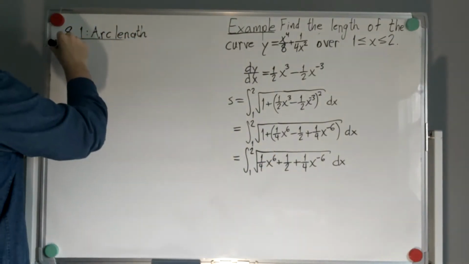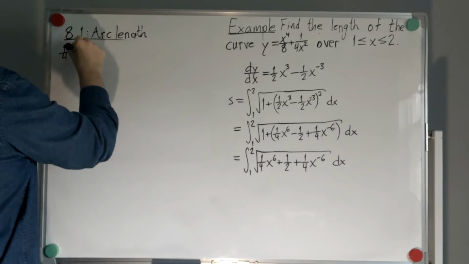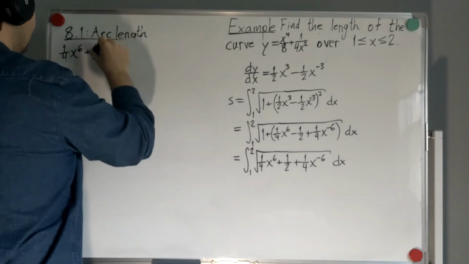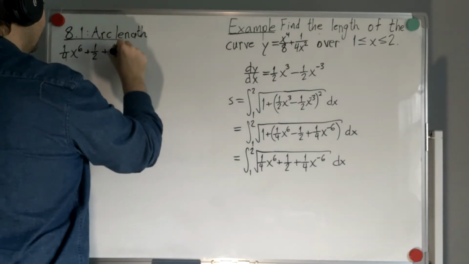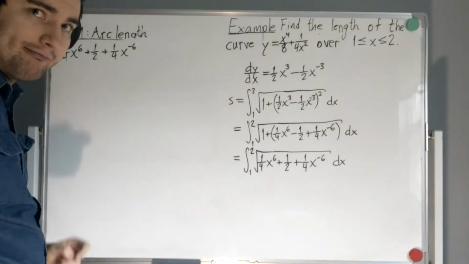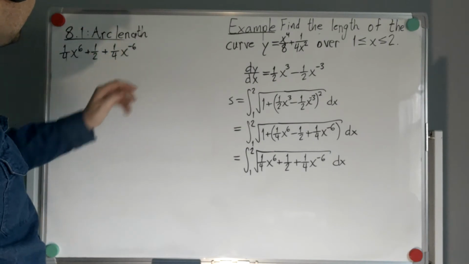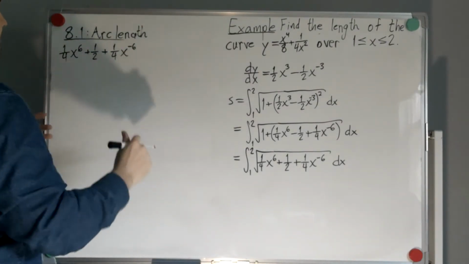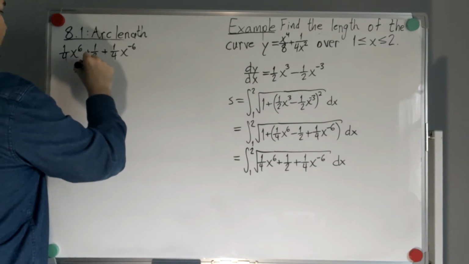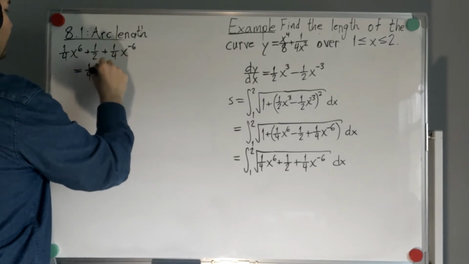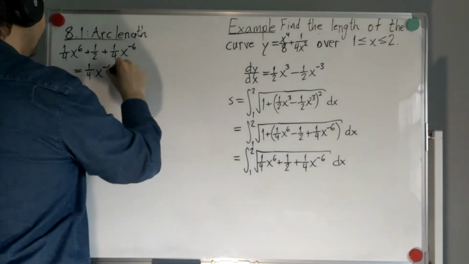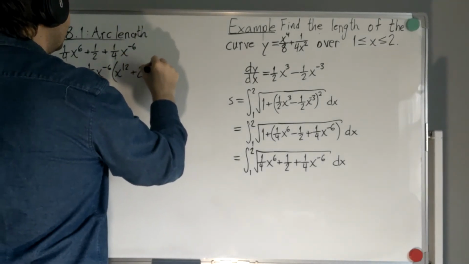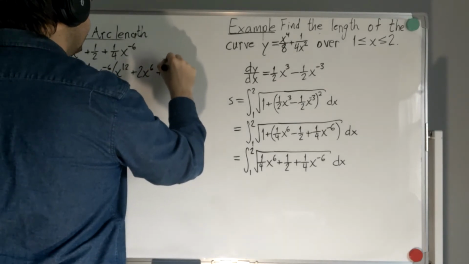So we have 1/4 x to the 6th plus 1/2 plus 1/4 x to the negative 6. If I were to factor out x to the negative 6 here, in fact, let's factor out 1/4 x to the negative 6. This becomes 1/4 x to the negative 6 multiplied by x to the 12th plus 2x to the 6th plus 1.